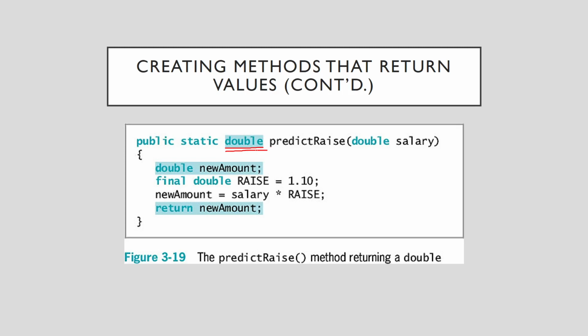Since it specifies a return type of double, it will look for a return statement, which is this one, and the type of value being returned is of type double. Now let's evaluate the data type of new amount. It is of type double, so it satisfies the data type that this method is returning.